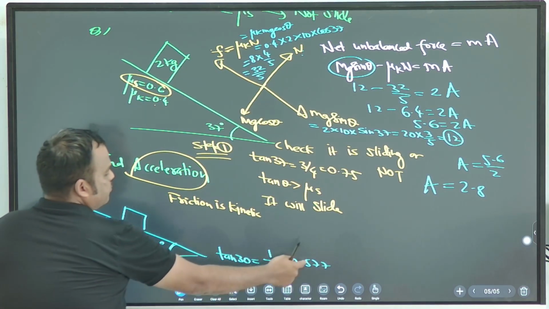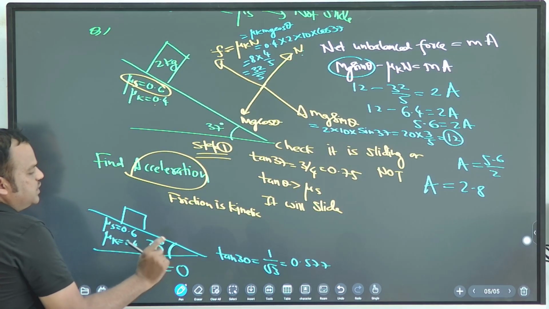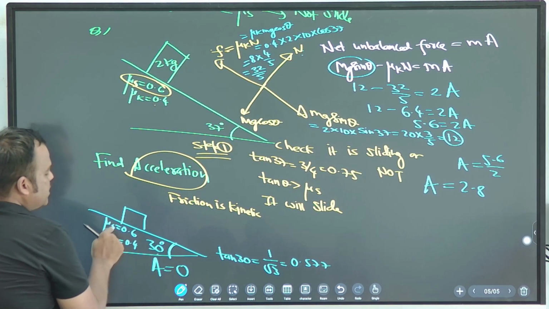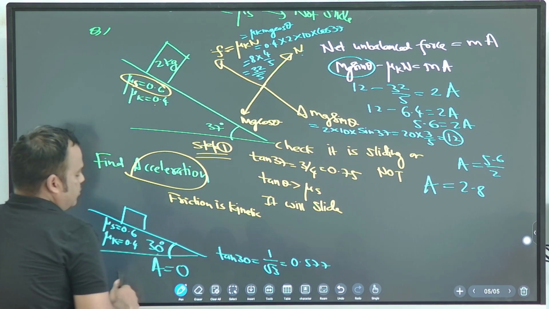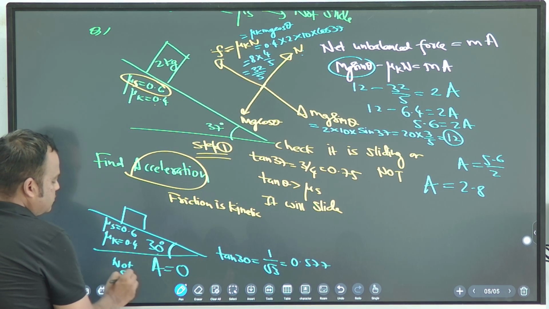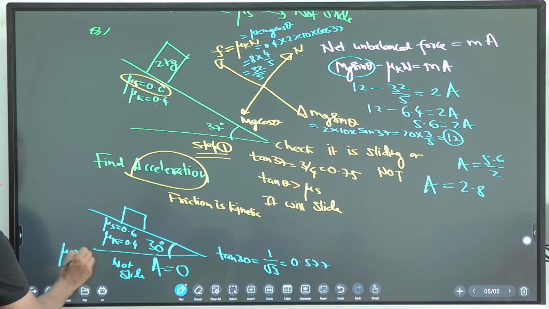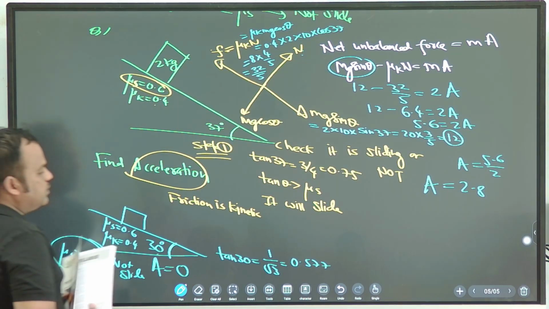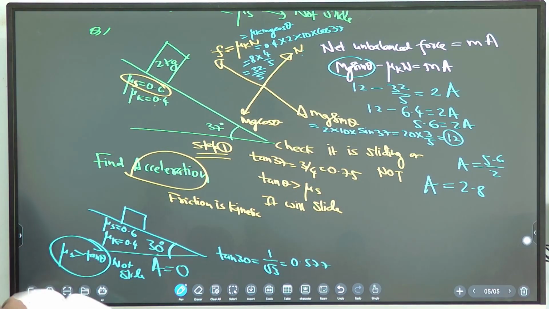So tan 30 is 0.577, so tan theta is less, mu s is more, so it will not slide. If mu s is more than tan theta, it will not slide. Okay, clear? So now this chapter is almost finished.